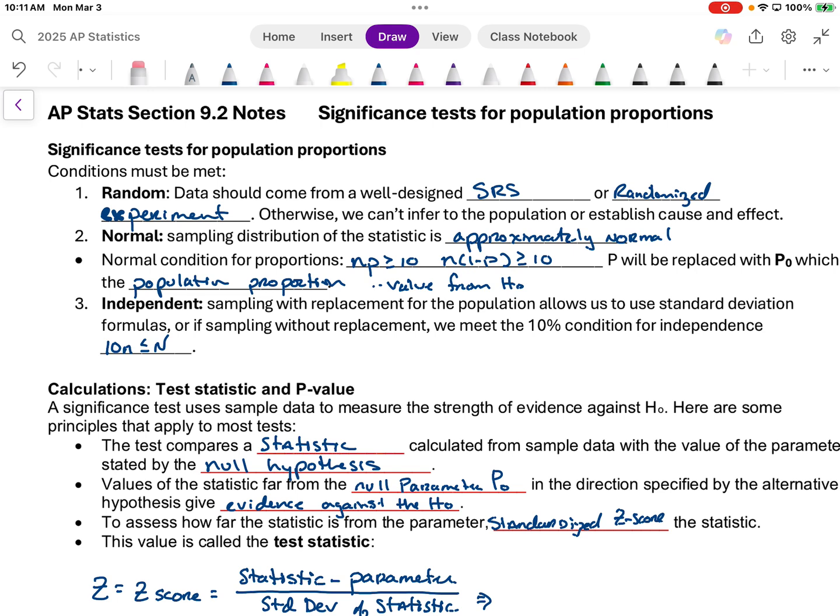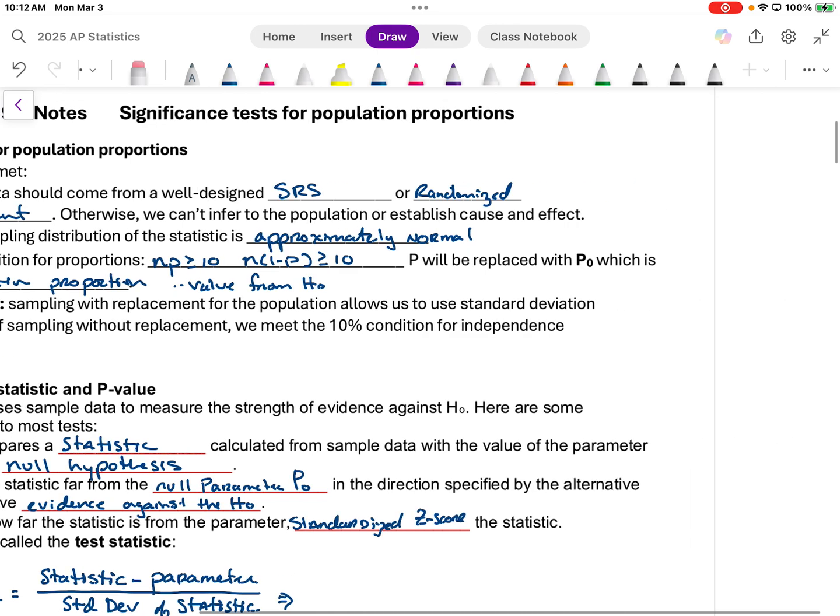Sampling distribution of the statistic is approximately normal. Our normal condition, since we're dealing with proportions, is n times p greater than or equal to 10, and n times 1 minus p greater than or equal to 10. And again, we're going to replace the p with p naught, p sub 0.